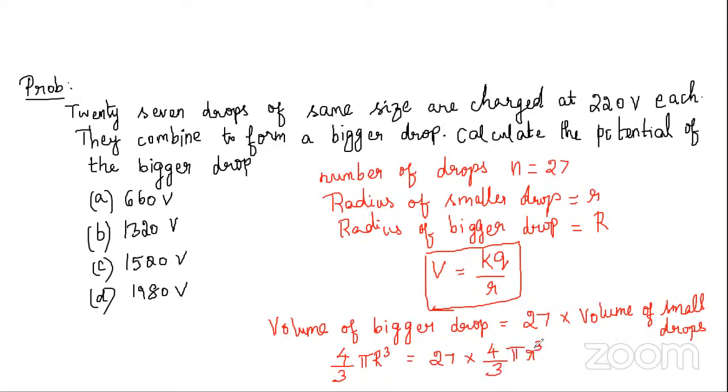After simplifying this expression, you can get the radius of the bigger drop. Here 4/3 pi will be cancelled.